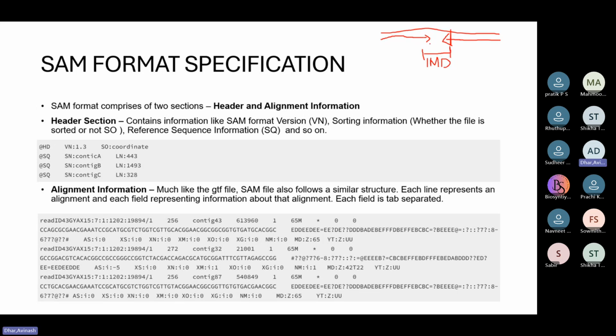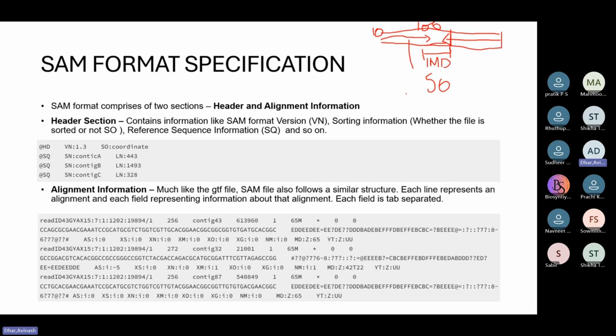Now, in an ideal scenario, when you are aligning, if this is your forward read and it aligns from base position 10 to 100, and the inner mate pair distance is 50 base pairs, the reverse read should ideally align 50 base pairs apart from the forward read, and the total should be equal to your template length.